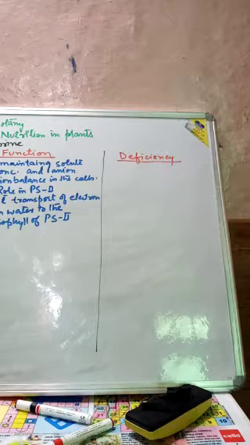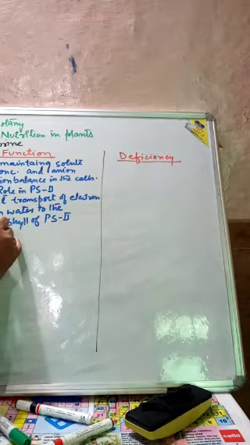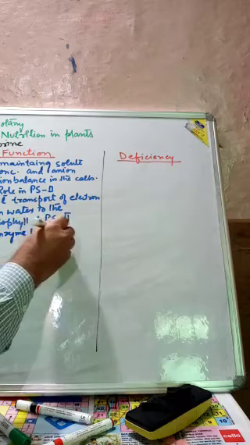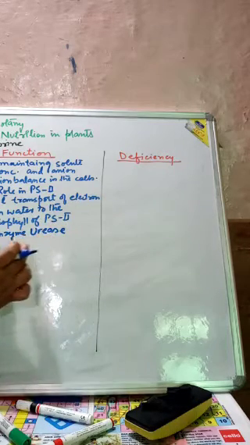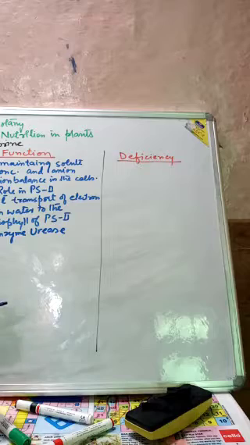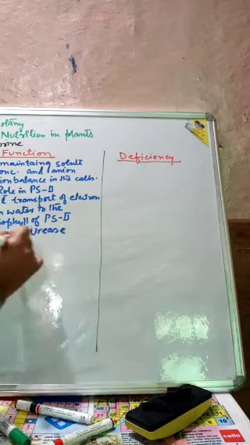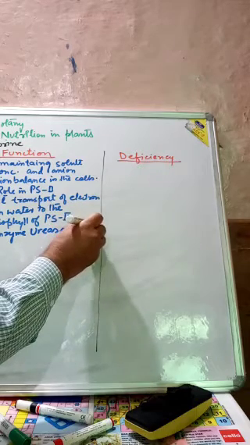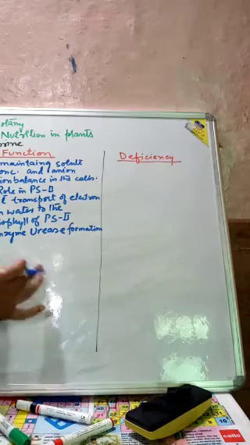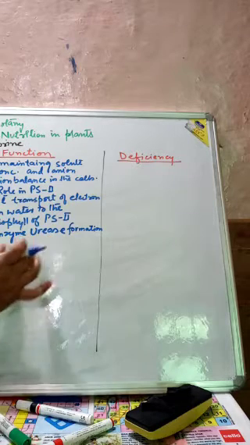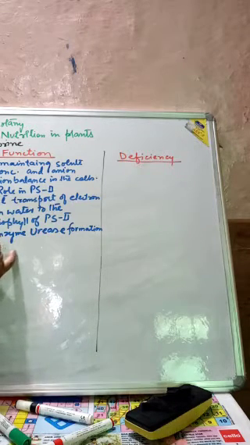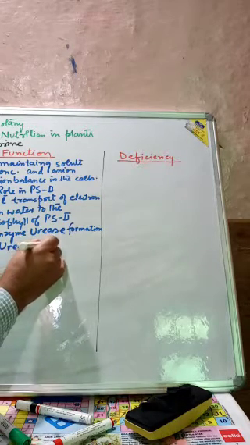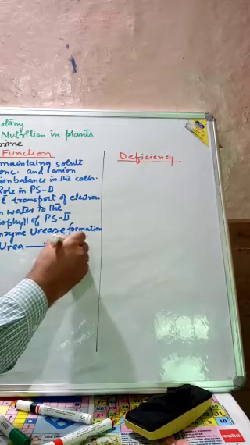Third, it is an essential part of the enzyme urease. It is an important part of the enzyme urease, and it plays an important role in the formation of this enzyme. This enzyme helps in the breakdown of urea into carbon dioxide and ammonia.